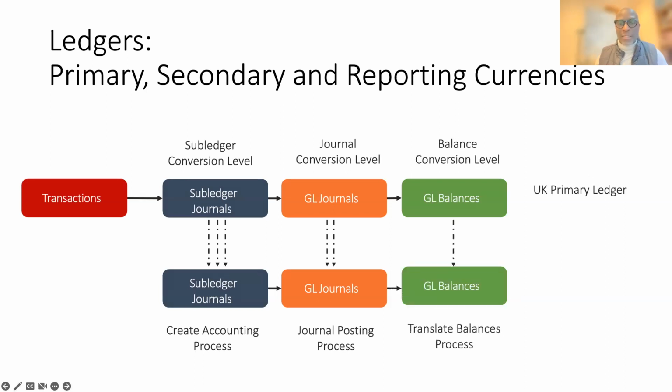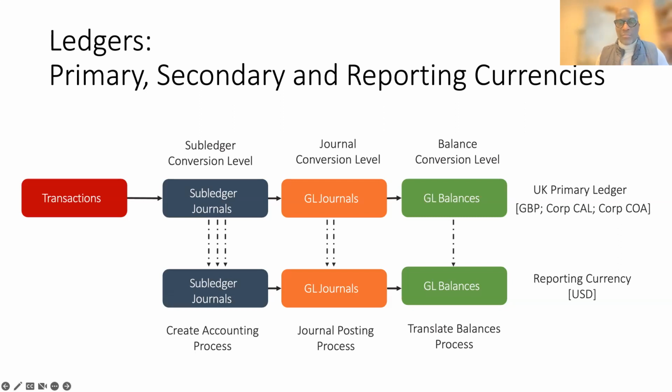Or, if you have multi-currencies, you could have it at the balances level. So you've got three modes of conversion when you're bringing the data in from your sub-ledgers, and when you want to bring them in and report in another currency. And that gives us something called a reporting currency.